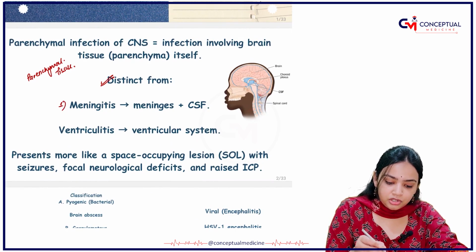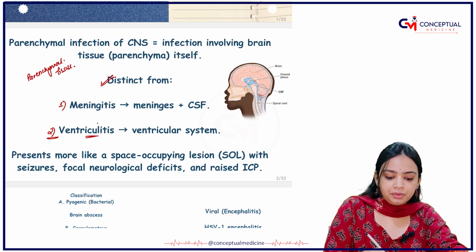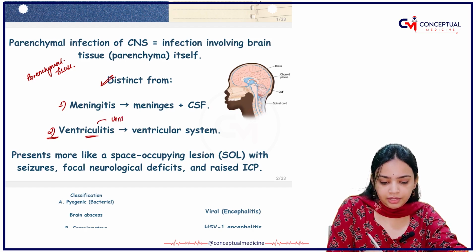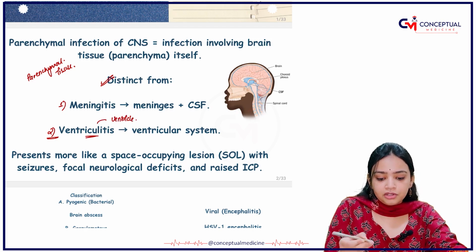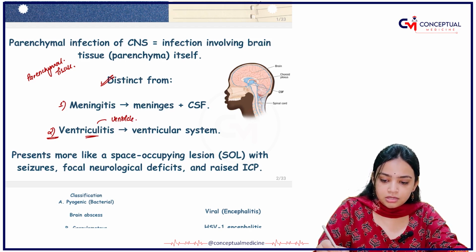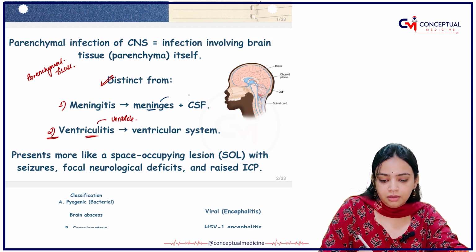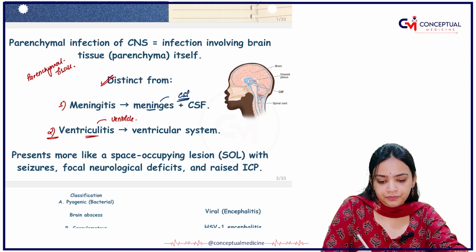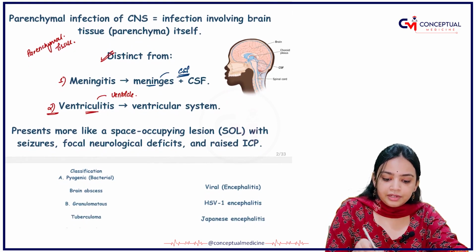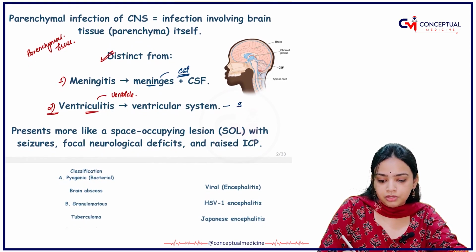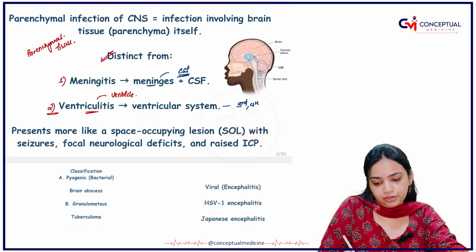First one is meningitis and second one is ventriculitis. Ventriculitis represents the ventricles that are there in your brain, and meningitis means the meninges plus your CSF. In ventriculitis, you have the ventricular system, the third ventricle and the fourth ventricle, right?